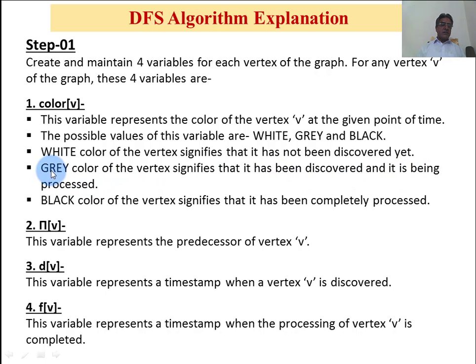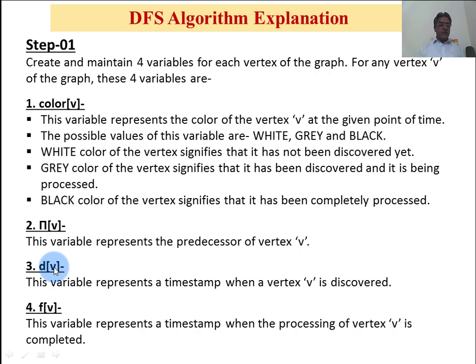So this color of node shows the processing period of that node, and black color of the vertex signifies that it has been completely processed and now it has become the part of the tree. Pi of v, parent of v: this variable represents the predecessor or the parent of the vertex v, that is, which vertex will become the parent of v. v is a variable and it will contain any vertex of the graph.